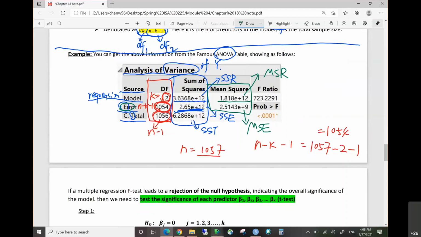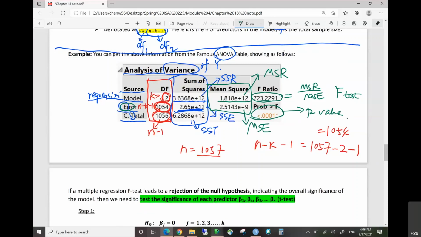Okay, so now we have MSR and MSE, our F ratio, which is our F test statistic, which is just the MSR divided by MSE, will be this 723.23. So this will be our F test statistic, which comes with the corresponding p-value.